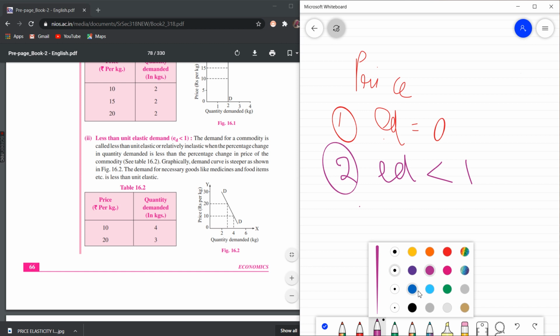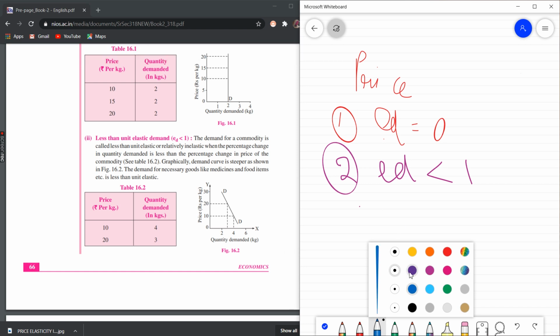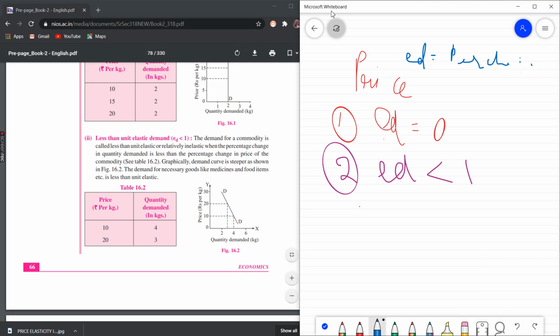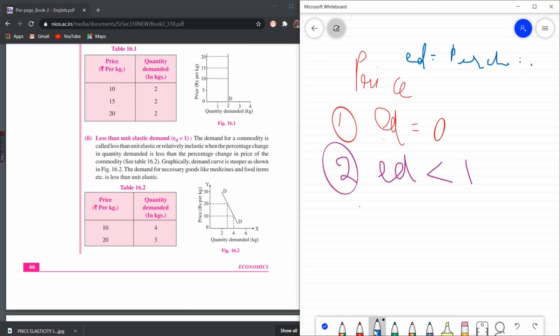Can you understand it? So they have mentioned a formula that ED is equal to percentage change in quantity demanded by percentage change in price. When will ED be less than 1?